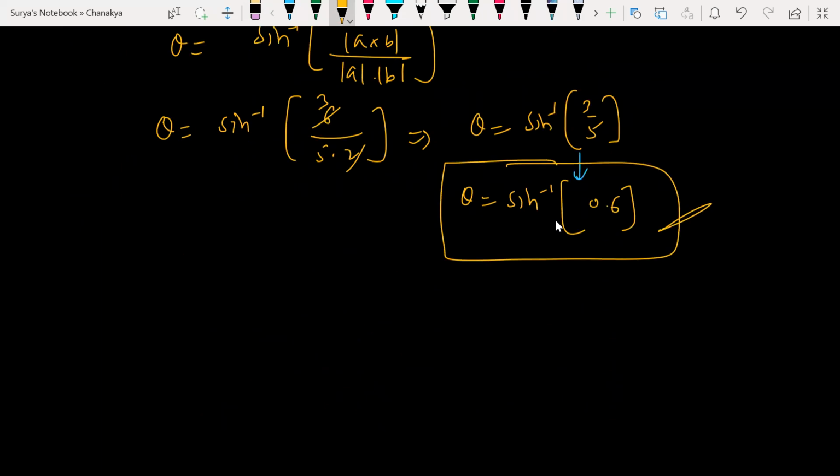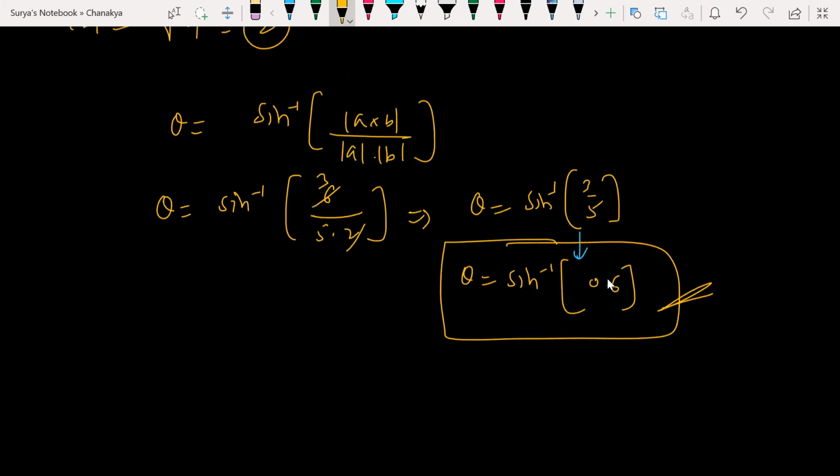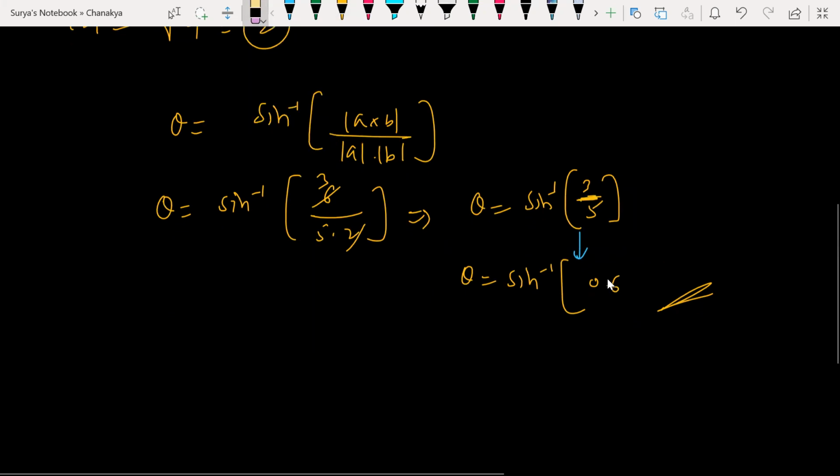They will mention the angle, the value of sine inverse of 3 by 5, in brackets. But look at this. We have learned sine 0 is 0, sine 30 is 1 by 2, 0.5. You understand my point? Now approximately how much do I get?